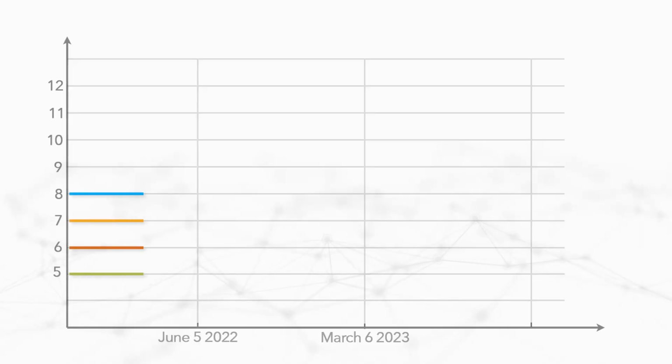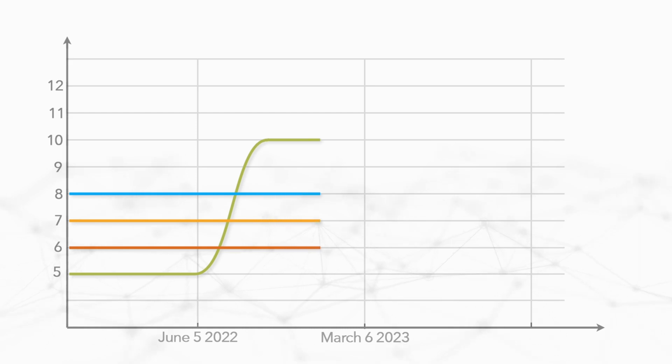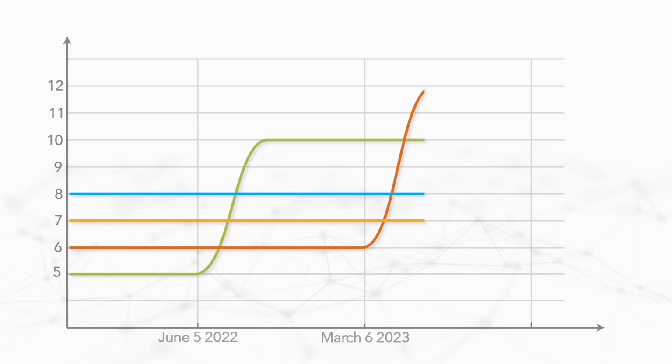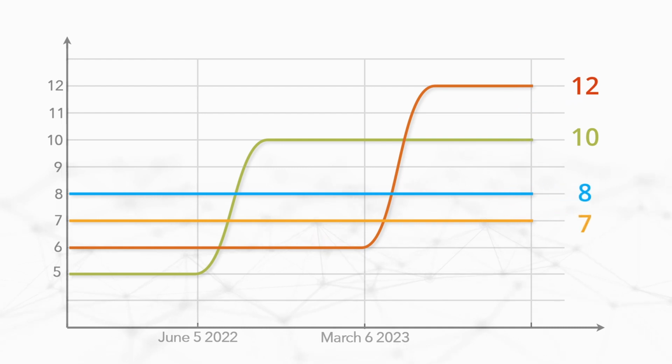The current profit-taking period will last until March 2023, when the price of summer will start to rise in comparison to the other tokens. The change of season will be complete when the prices reach the ratio 10, 12, 7, and 8. And the next period of profit-taking will begin.